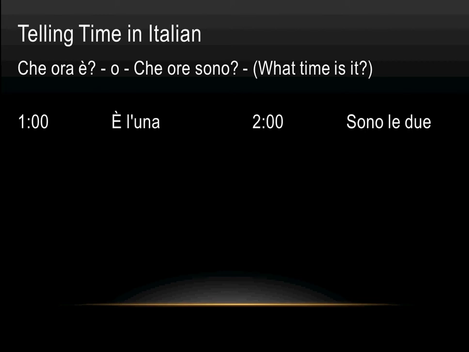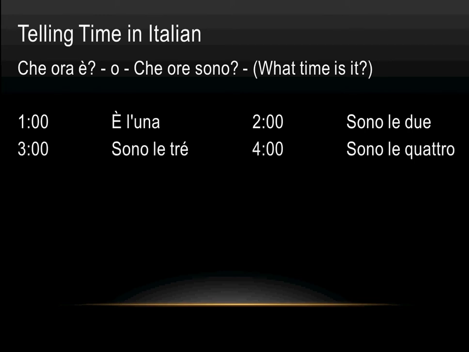However, if it's 2 o'clock and on, now it's plural feminine. So instead of l', we use le. And the verb has to go from essere to sono, third person plural, in order to be in agreement with the noun. So while it's è l'una for 1 o'clock, it's now sono le due. So can you guess what 3 o'clock would be?